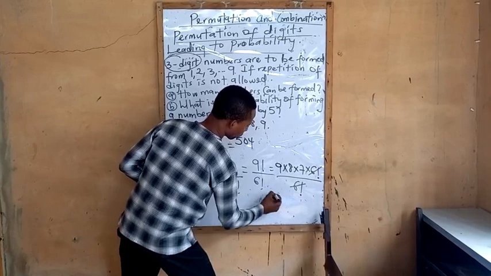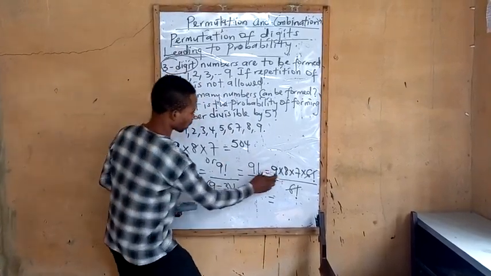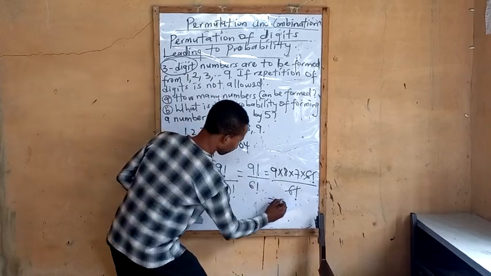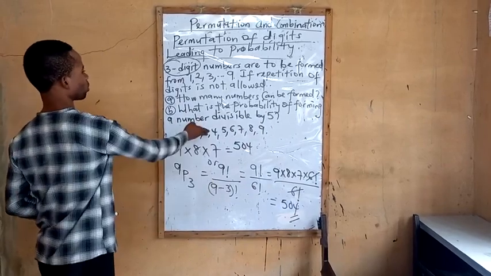The 6 factorials cancel. It's going to be 9 times 8 times 7, which is also 504. You can use the formula or you can use the direct method like this.